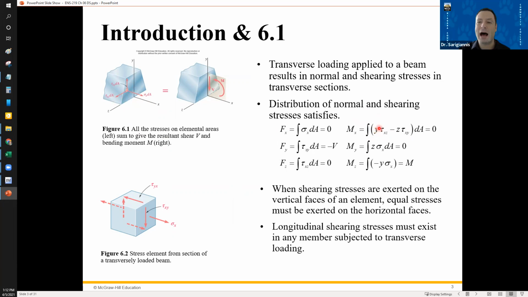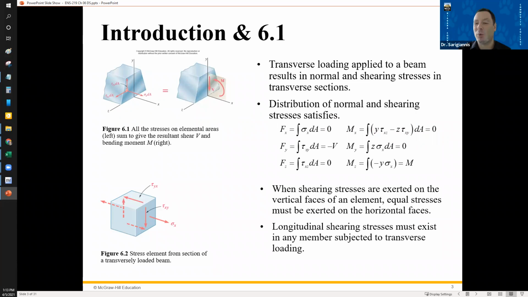So y is the location of that: y times that tau, minus z times the other tau xy, times the integral dA gives you the moment. In this case, it happens to be 0.